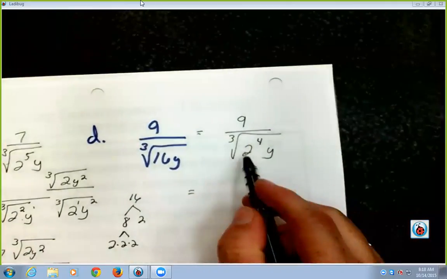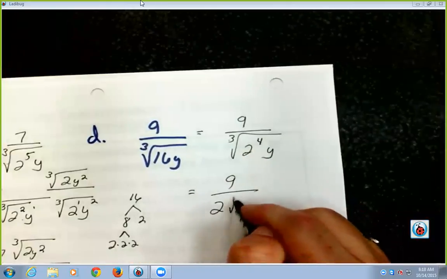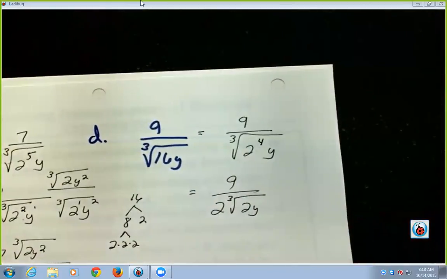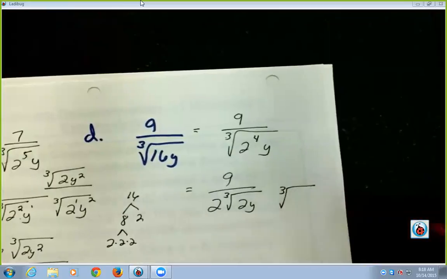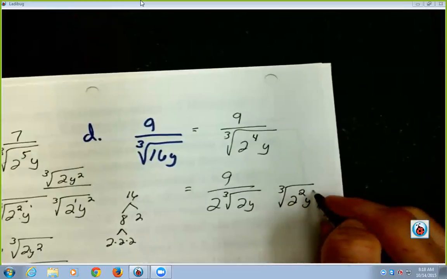So in here, I can pull out a 2, and it leaves me with the cube root of 2y. So what would I need to make it a perfect cube in the bottom? So to get a perfect cube, I would need, this is to the first, and the y is to the first. So I need a 2 squared, and I need a y squared.